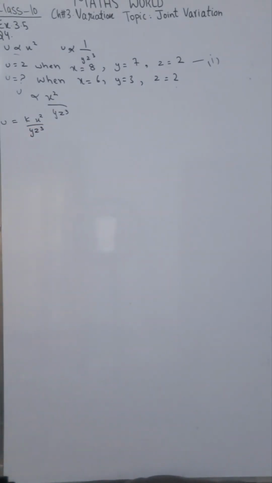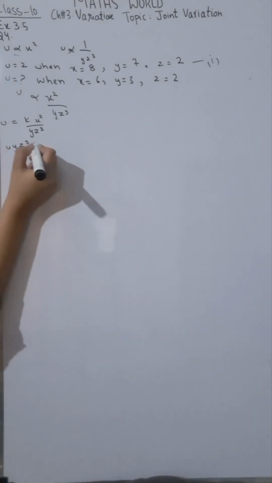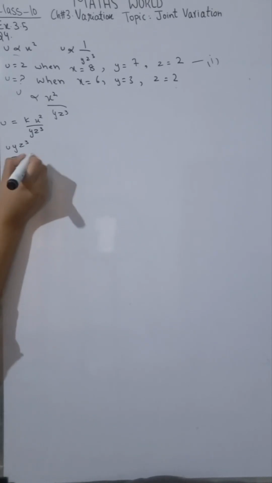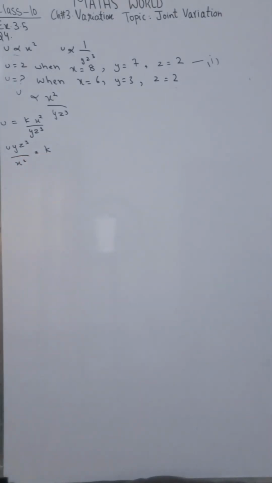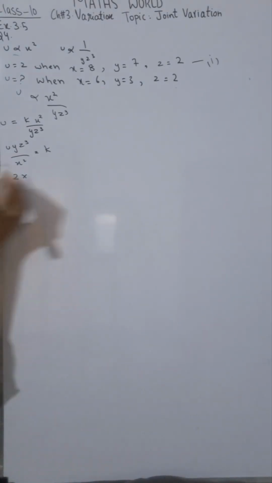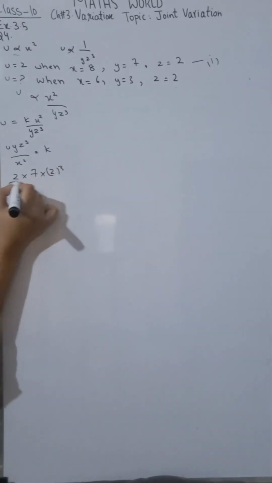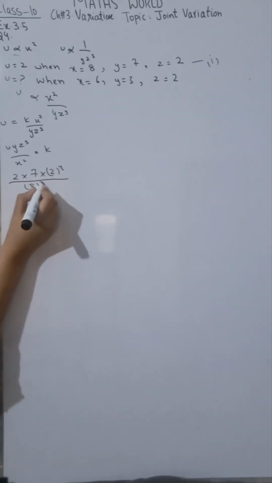Now simply find the value of k. For this, u y z cube divided by x square is equal to k. Placing the values for the first case: u is 2, y is 7, z is 2 cube, and x is 8 square.